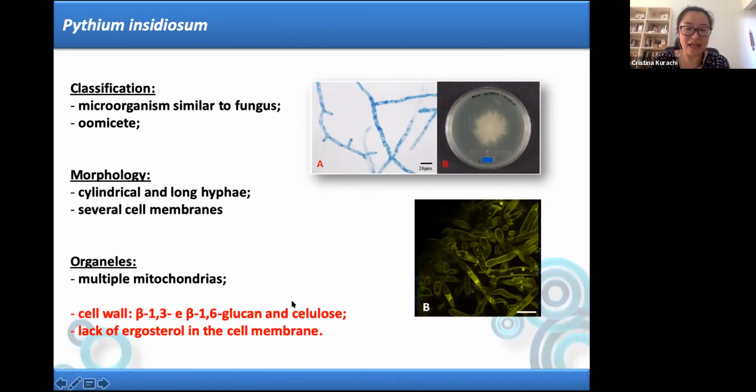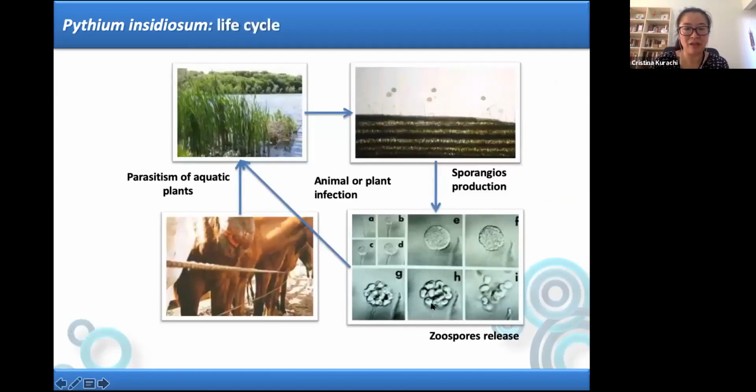Additionally, they have cellulose, which provides a very resistant cell wall structure. So we just wanted to check if PDT could work, because this kind of infection does not have a conventional treatment available, except for surgical resection.